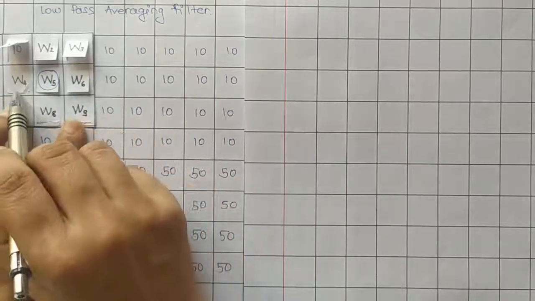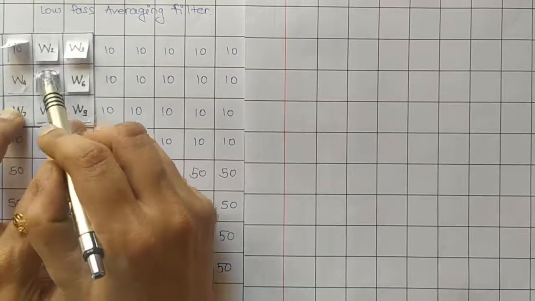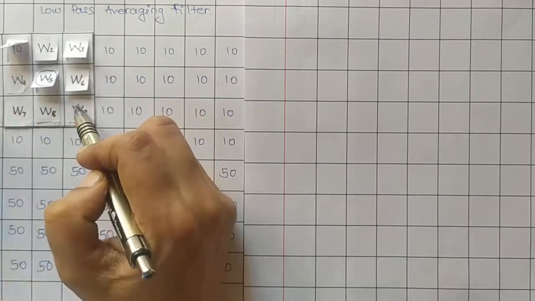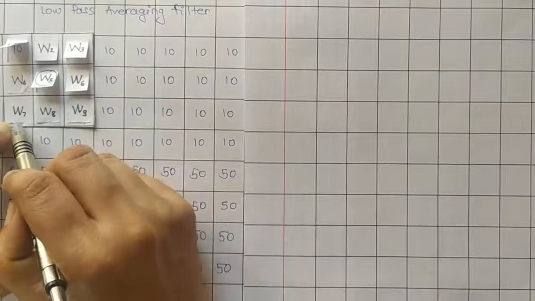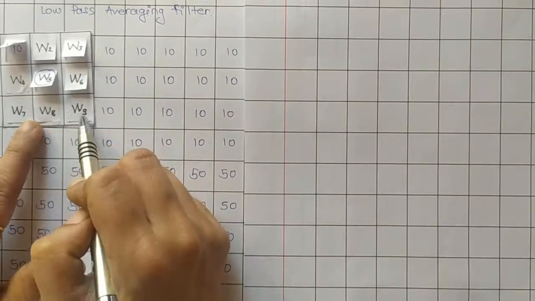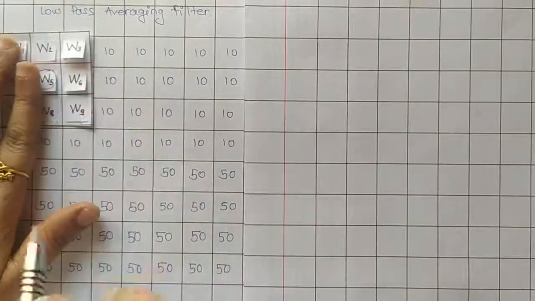Similarly, W4 with this pixel value, W5 with this, W6 with this, W7 with this pixel, W8 with this pixel, and W9 with this pixel. And we have to take the summation of all these products.